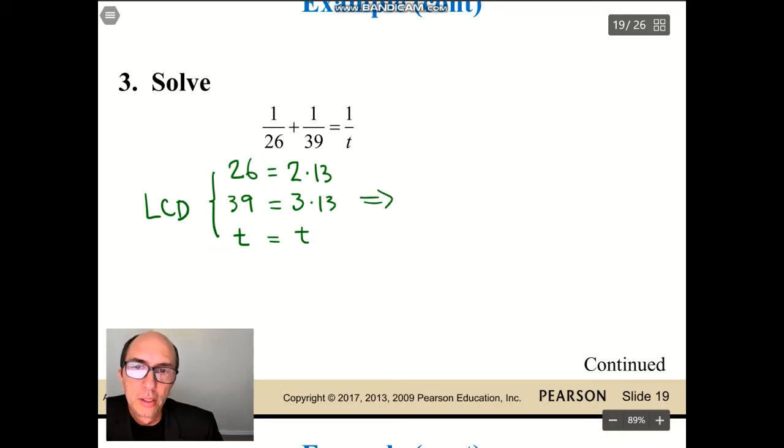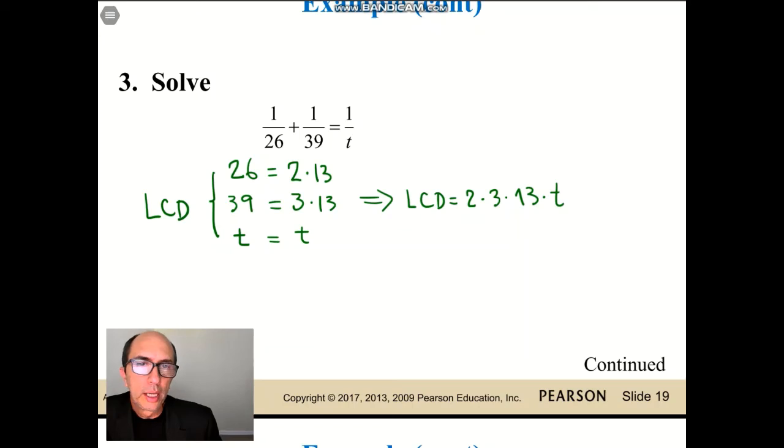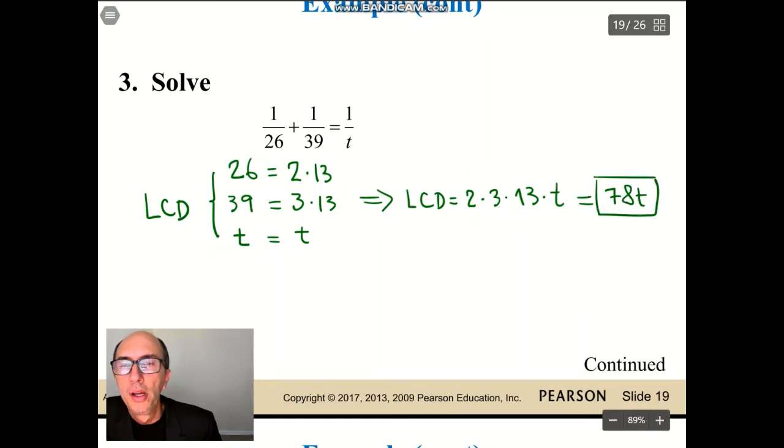So let's put together the unique factors to find the least common denominator. One unique factor is 2, another is 3, another is 13, and another is t. 2 times 3 times 13 is going to be 78t. This is the least common denominator.